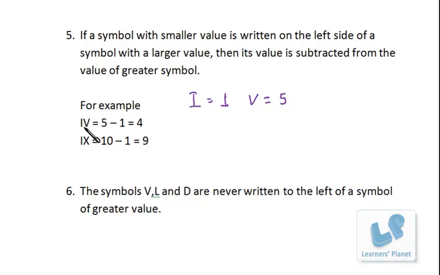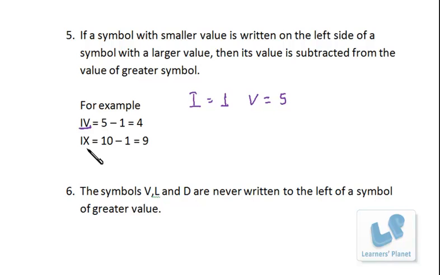Now I is written on the left side of V. According to this rule, the value of I will be deducted from the value of V. So the value of V is 5 and the value of I is 1. So we are going to deduct 1 from 5 and we are getting 4. So this is the representation of 4.